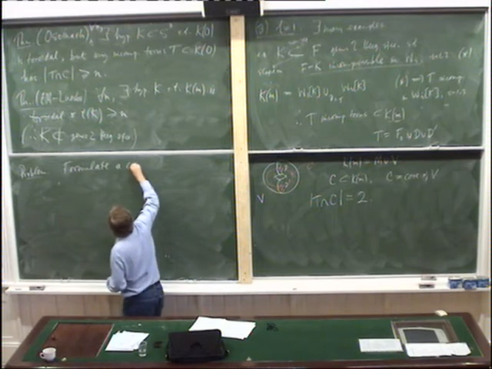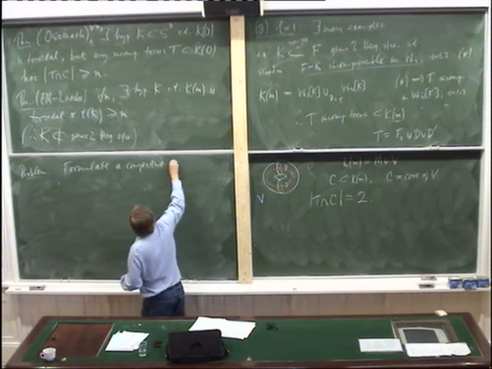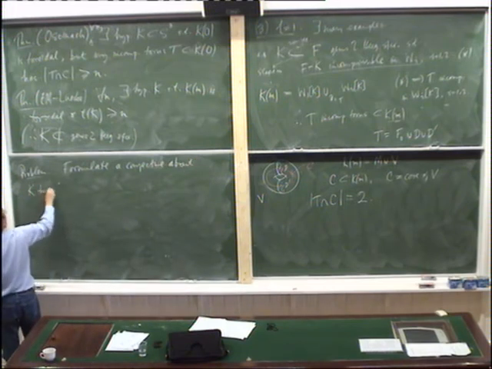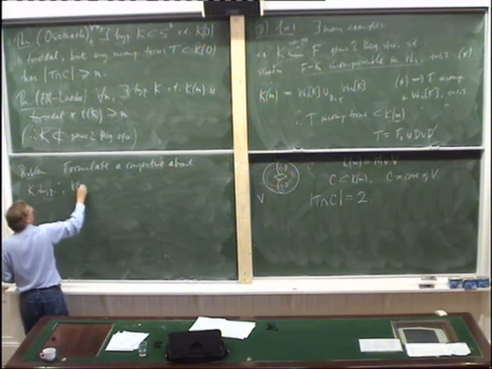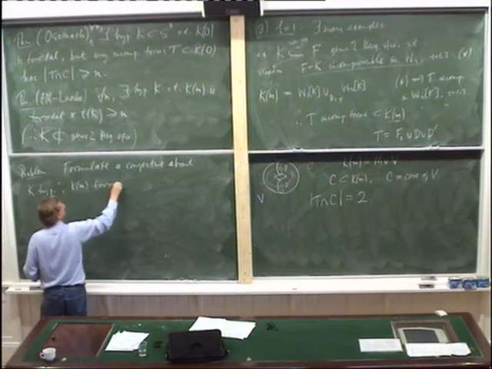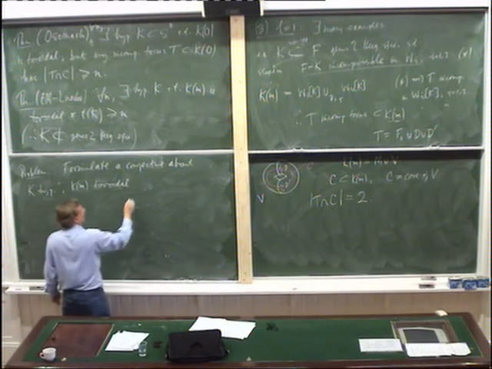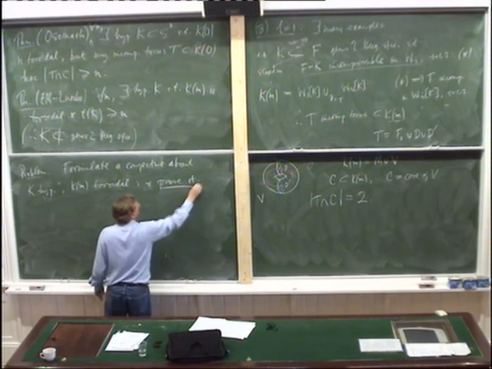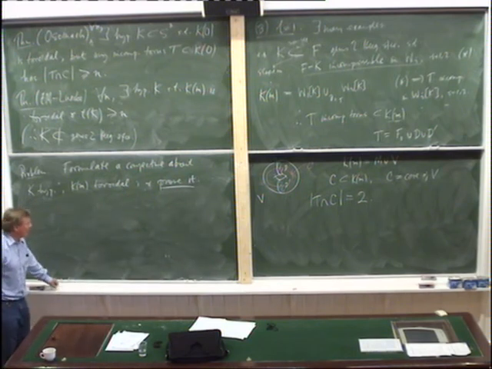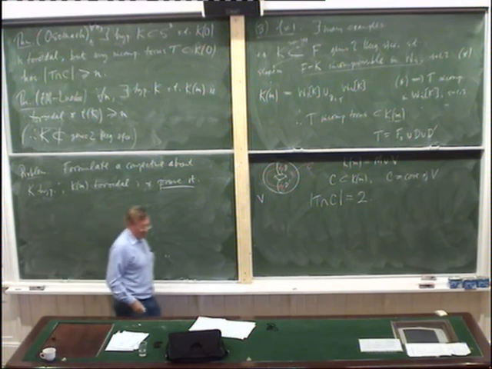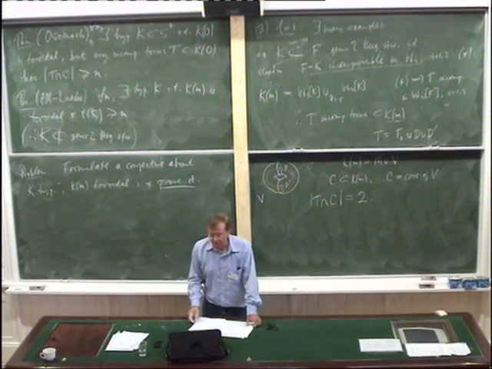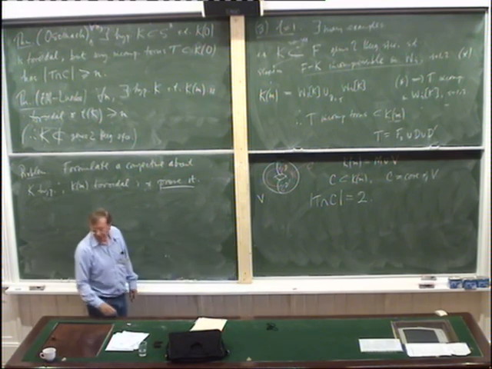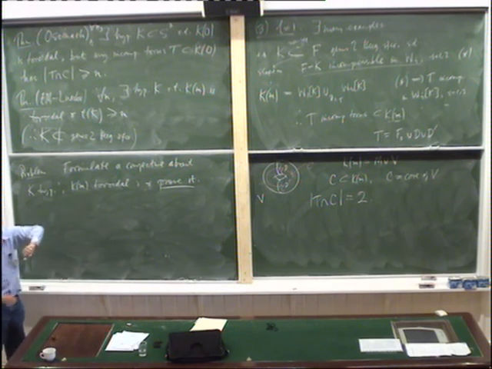So formulate a conjecture about K hyperbolic, K_m toroidal, m an integer. Well, first formulate it and then prove it. So in other words, it's really not clear what's going on in this case. But one would hope that there might be a good description of what's going on here.